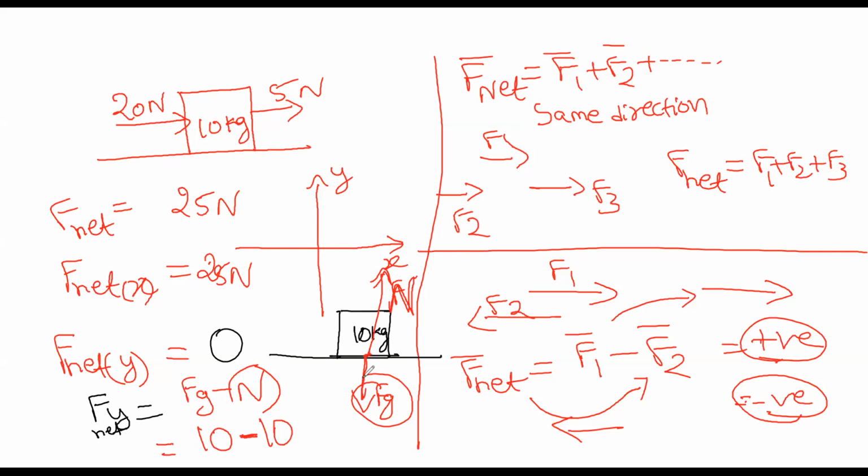Remember, 25 is in the x-axis. Don't combine the x and y axes. From now onwards, the x-axis is different and the y-axis is different. Whatever the forces in the x-axis, we have to take only those forces along the x-axis while adding. Understood? Then for the y-axis, you have to take only those forces which are in the y-axis. You should not combine both.